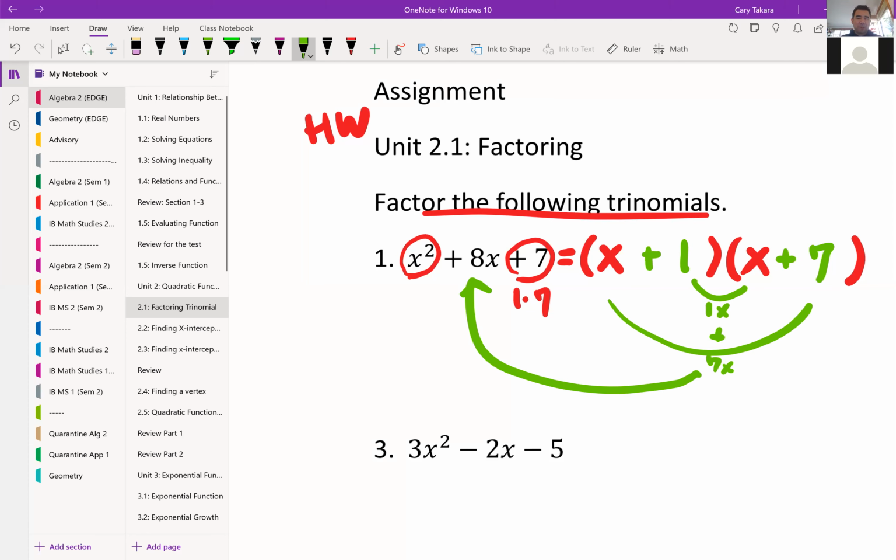It's x plus 1, x plus 7. Again, you can just do this mentally, you don't have to write this down, but does x times x give you x squared? Yeah. Does 1 times 7 give you 7? Yes, right? Everything fits.